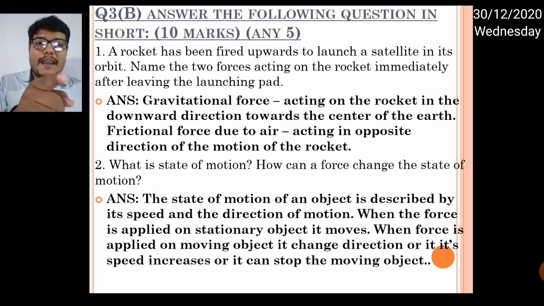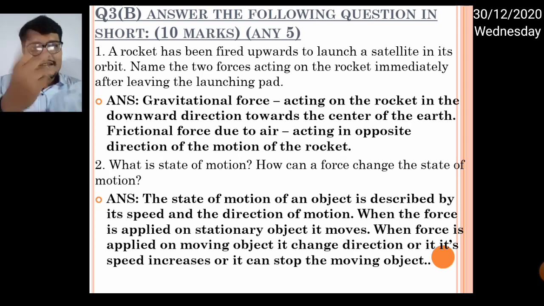When force is applied on a moving object, it will change direction, or it will increase its speed. It can stop that moving object. So these are the things we can do by applying force, or we can say force can change the state of motion of an object.